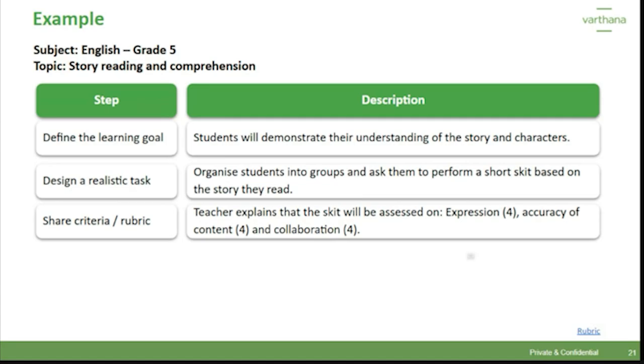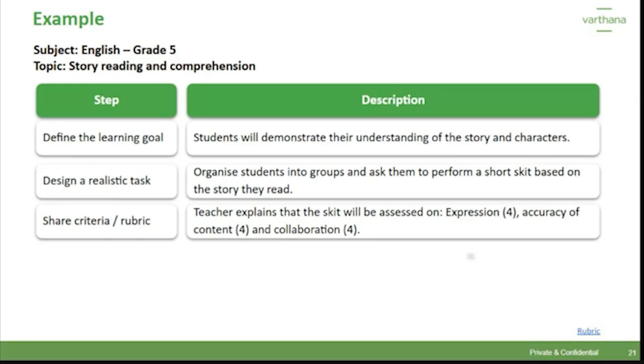Now based on this realistic task, the teacher designs rubrics based on the expression of the students, the accuracy of the content, where they know the characters very well, the traits of the characters, how the character reacts and performs, and the collaboration: how they work in the team environment, how they present themselves, and how they give their suggestions and opinions in the team.